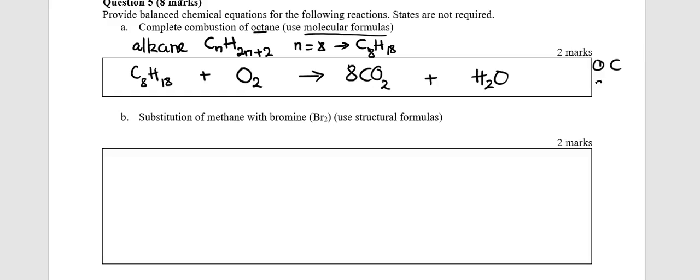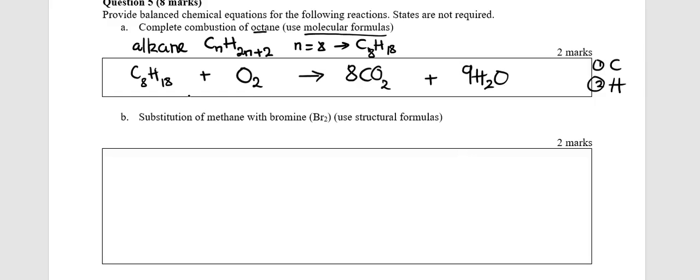The next element that I will balance will be the hydrogen. Now, the main reason why I usually leave the oxygen to the end is because you have this O2 molecule, so you can't really change the number of oxygen on the left side without interfering with any other element. So in order to balance the hydrogen, there are 18 hydrogen here, so I need 9 in front of H2O to give you a total of 18.